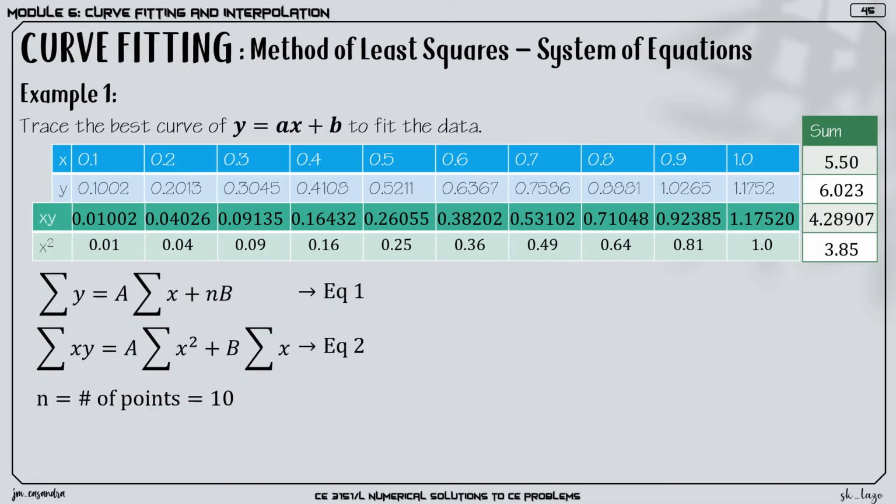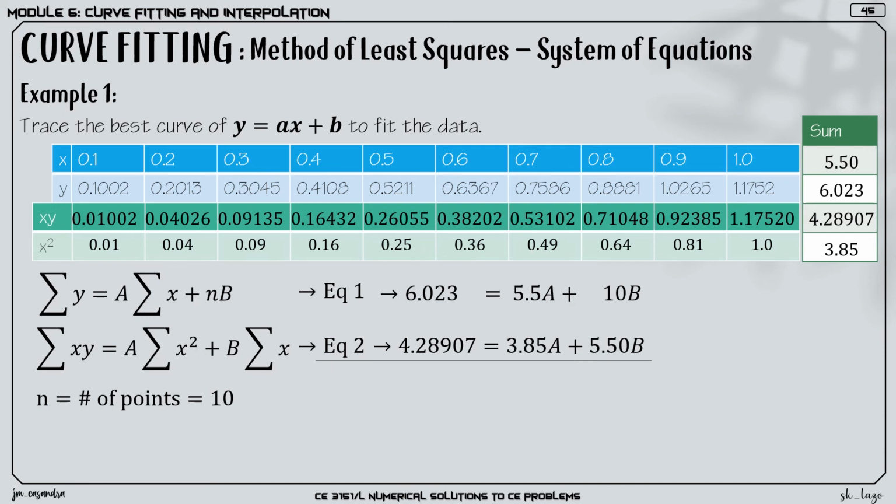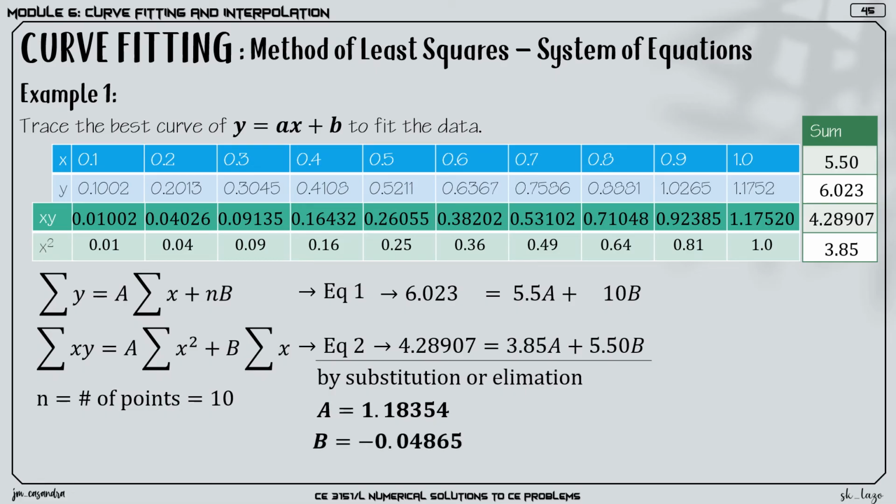So given now all the necessary values that we need for our equations 1 and 2, we just substitute these values, arriving now at 6.023 equal to 5.5a plus 10b, which gives us equation 1, and 4.28907 equal to 3.85a plus 5.5b, giving us equation 2. Given these two equations, we can solve it by either substitution or elimination, and it will give us a value of a, which is 1.18854, and b equal to negative 0.04865.